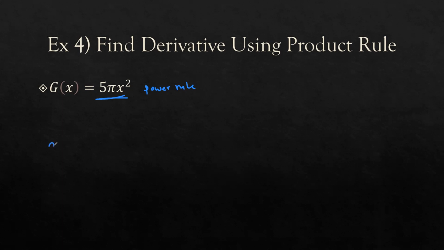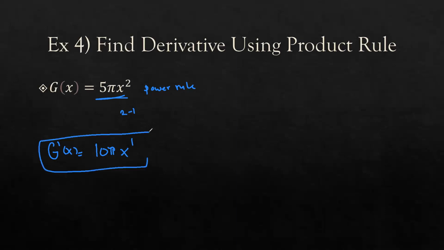So your final answer would be g prime of x equals 2 times 5 pi, which is 10 pi, right? And then you have x, and the new power is the old minus 1, so 2 minus 1, which is 1. Okay, so that was example 4.